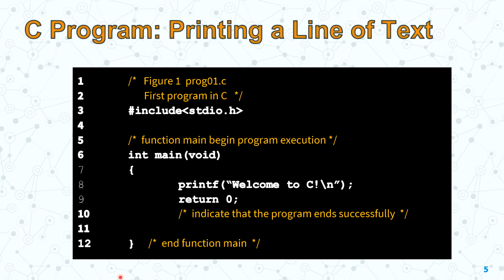Next we have int main void. This is the main function, and it is the starting point of every C program. When the program runs, execution always begins here.